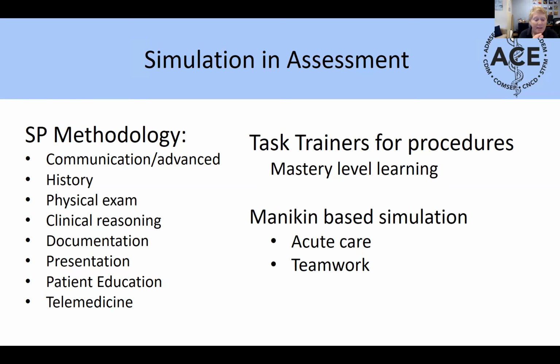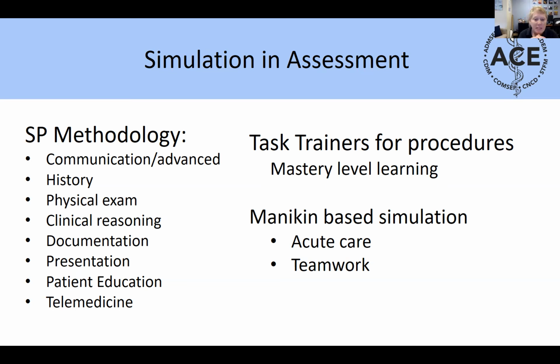And in the time of COVID, we have now added in telemedicine. How do our students do in a virtual environment as clinicians? These are all ways in which, using SPs as patients but also as the assessors, you can assess a student's activities in these realms.